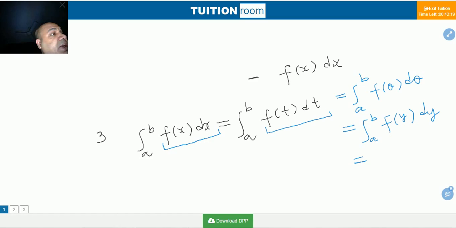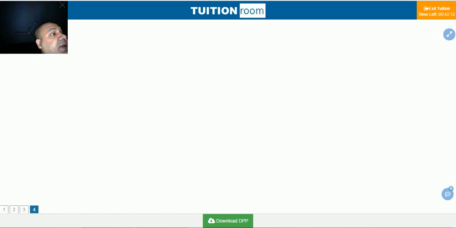Okay guys, there is one important property I am going to explain. That property is the fourth property. Suppose we have to find the value of the integral from a to b. Integral means signed area.